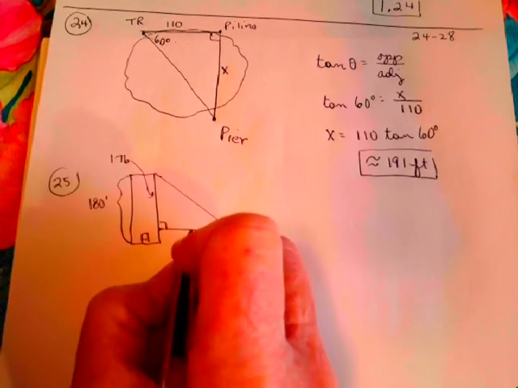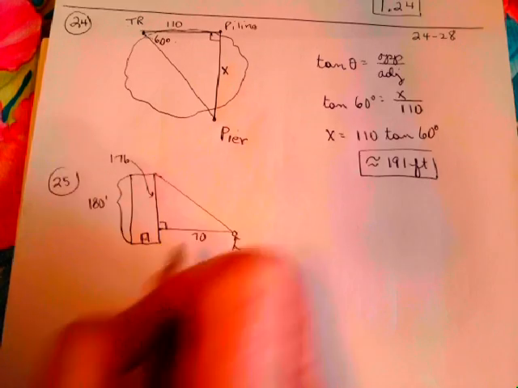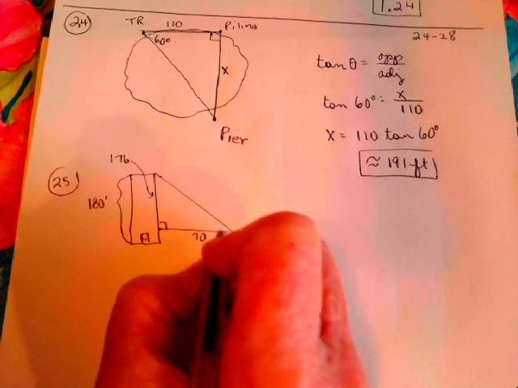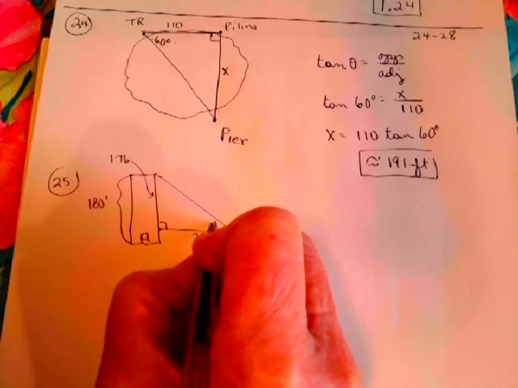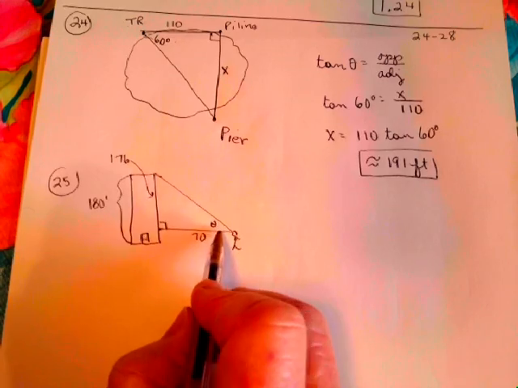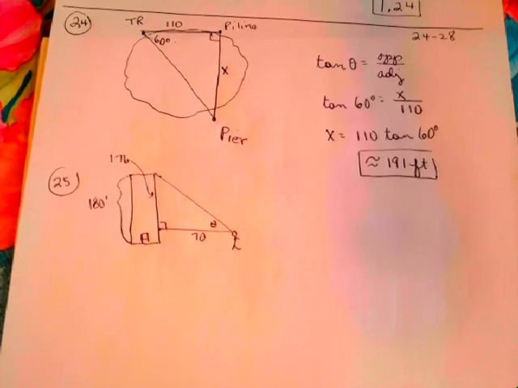This person is standing 70 feet from the building. What is the angle of the person's eyes to the top of the building? That means when this person's looking up, they want you to find that angle theta when they're looking up at the top of that building.